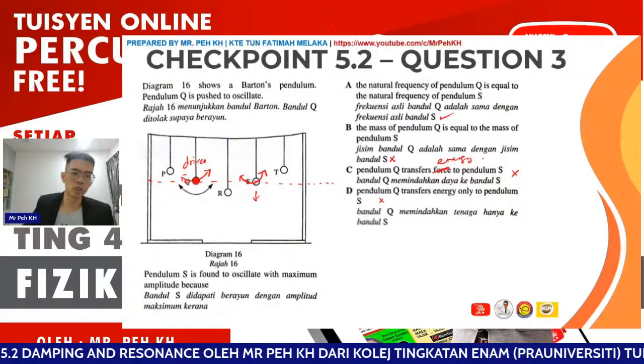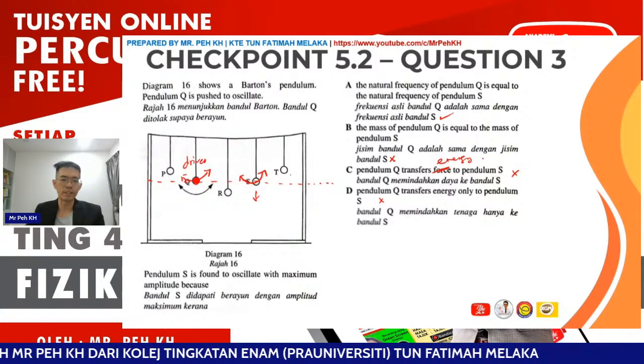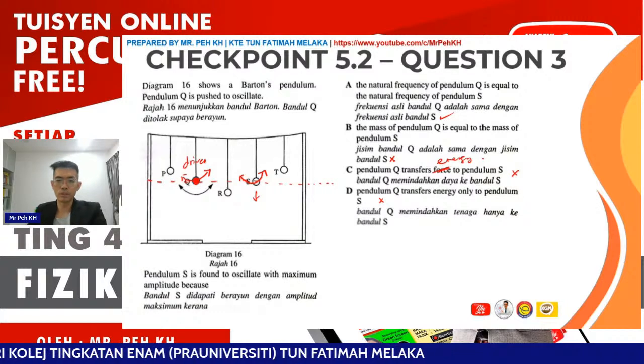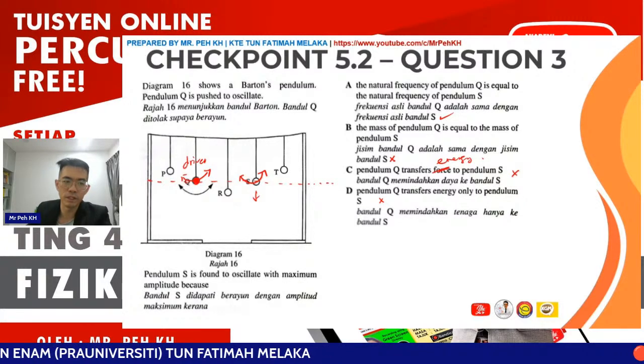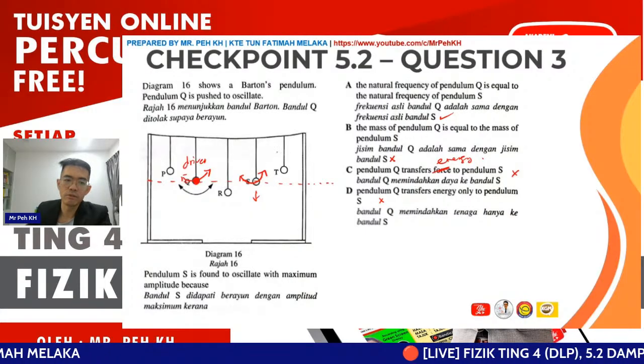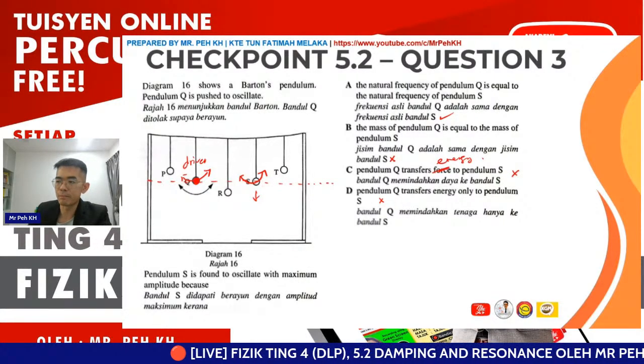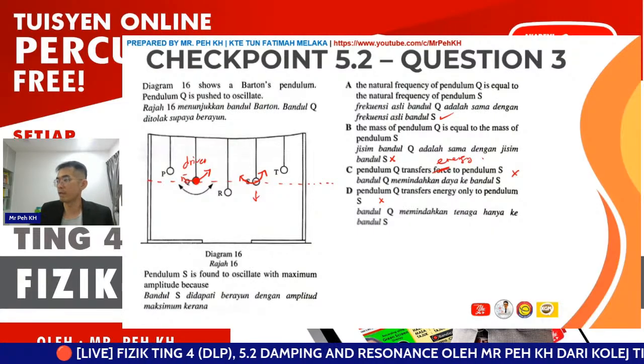Q as a driver causes all the pendulums P, R, S, and T to oscillate. That means all of the pendulums receive energy from the driver, which is Q here. It is just that the energy received by S is the highest, because both of them have the same length, showing that they have the same natural frequency.